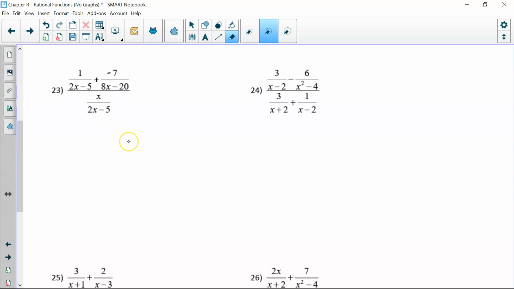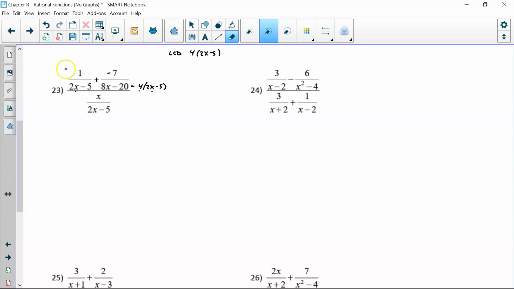We still want to get one fraction on the top and one on the bottom. Now, we can't factor that, but this factors to become 4 times 2x minus 5, which is going to help us. Because our LCD for that top half is going to be 4 for this, and the 2x minus 5 takes care of this one and this one.